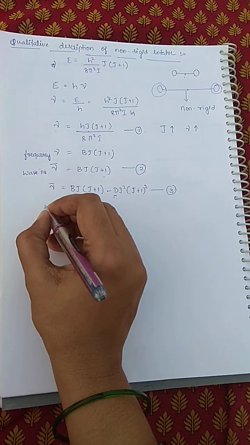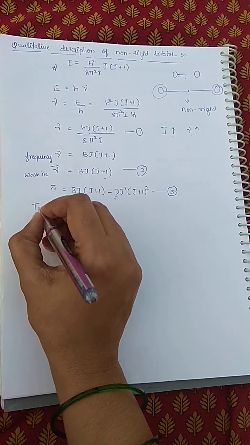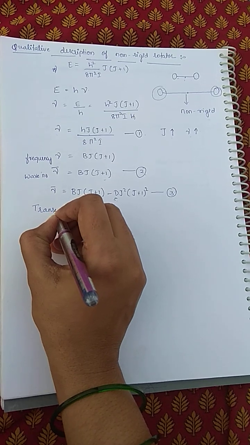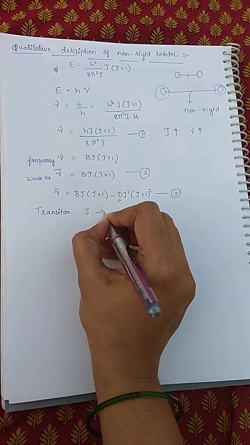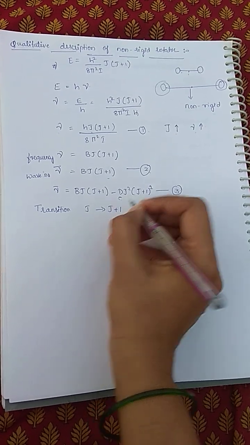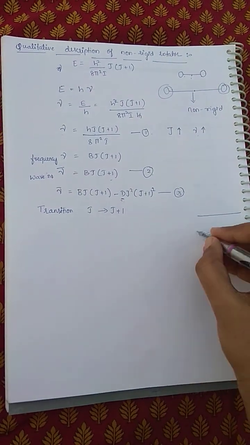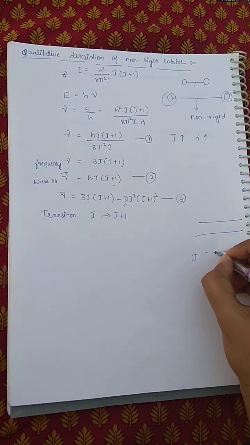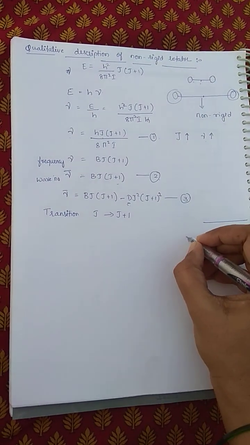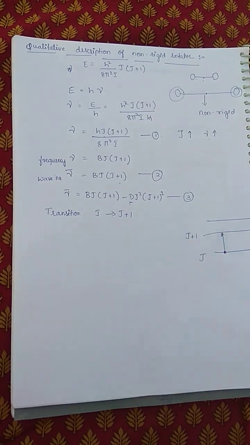Now the transition is taking place from J to J plus 1. These are the energy levels. This is J, and the transition is taking place from J to J plus 1.